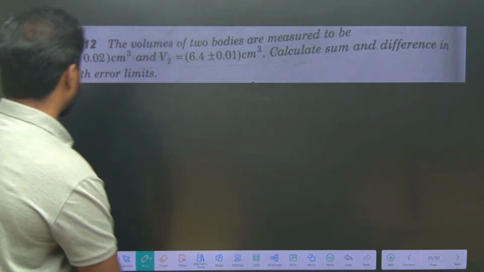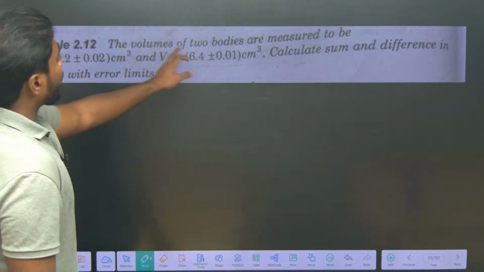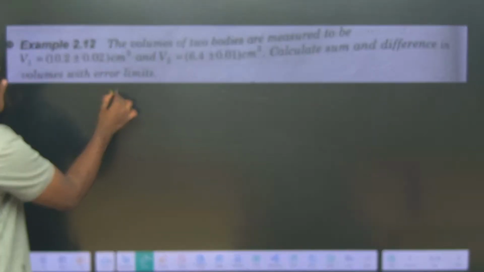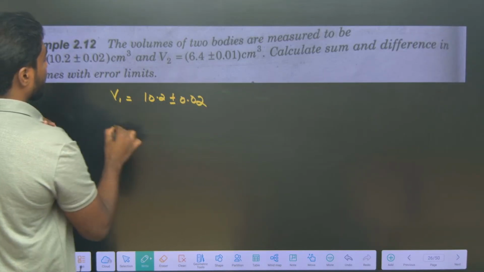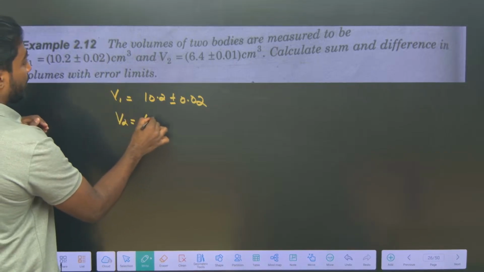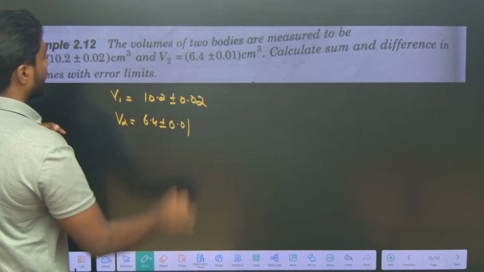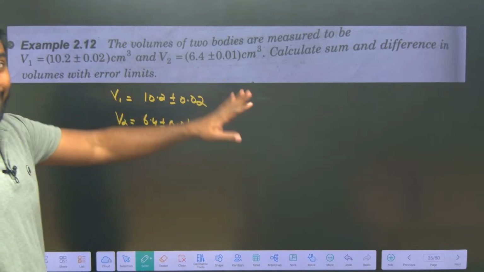Okay, yes, fine. So, volume of two bodies are measured. V1 is equal to 10.2 plus or minus 0.02. V2 is equal to 6.4 plus or minus 0.01. So I need to do the sum and difference, both of them.